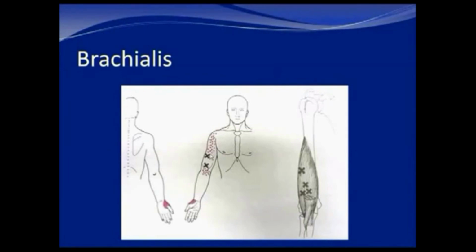The brachialis muscle, found right here on the lower part of the humerus and going across the elbow, normally refers down to the thumb primarily, but will give you some tendon irritation right at the angle of the elbow right here, and is often associated with pain on the lateral epicondyle, which is over here.